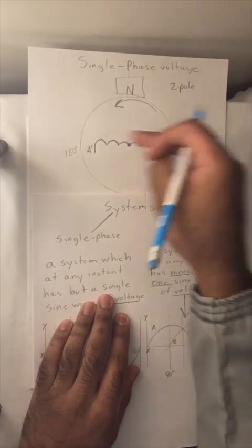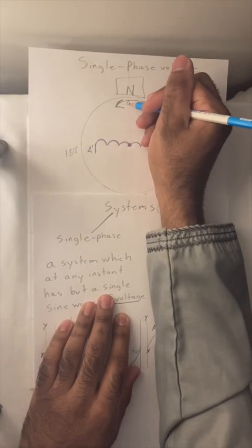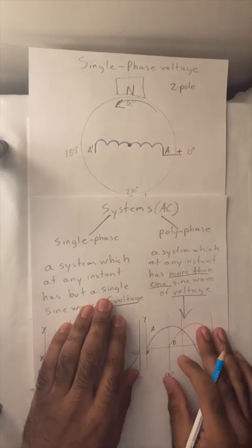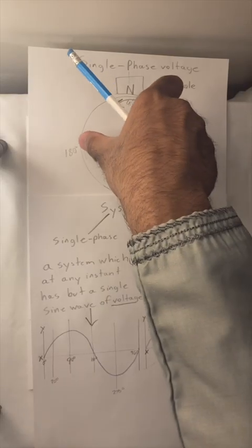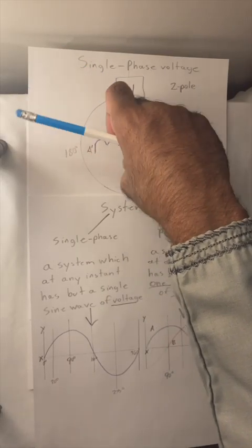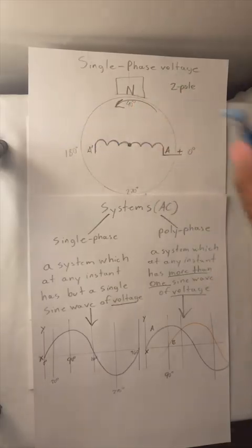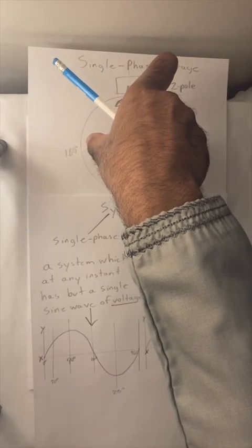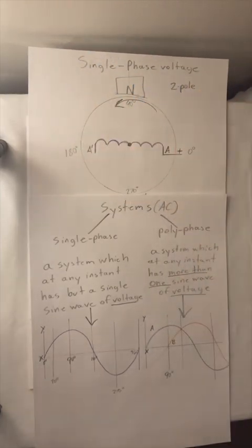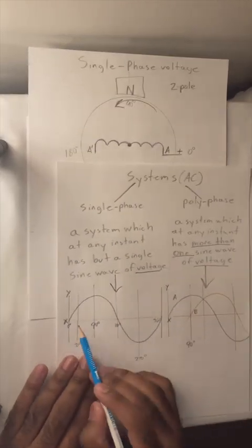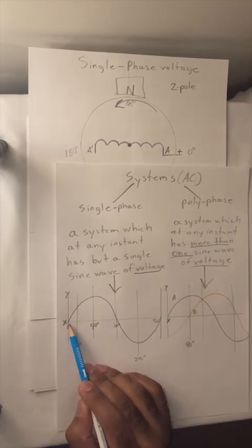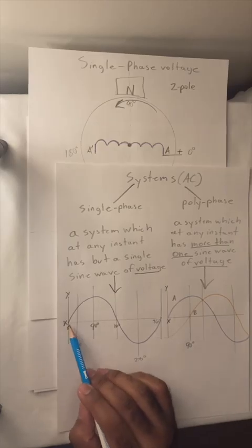So we have 0, we have 180, we have 90 degrees, and then we have 270 degrees. So the mechanical rotation of this winding, when it's at 0 degrees, there will be no voltage. The instantaneous voltage is going to be 0.